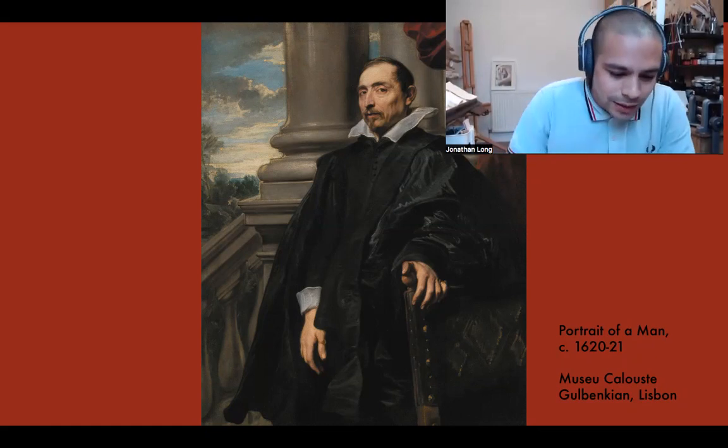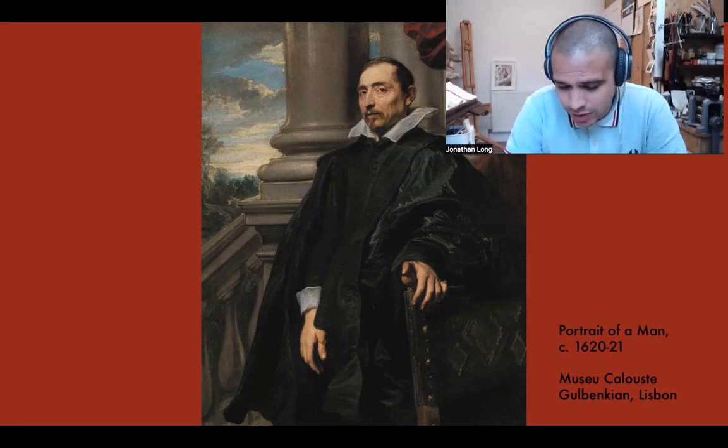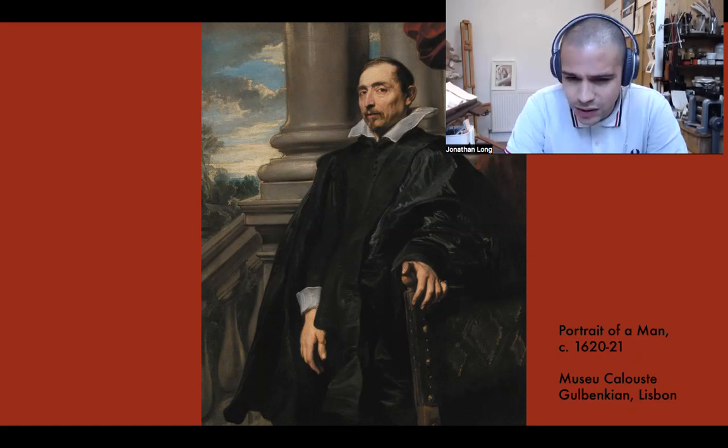So with this painting, we don't know, probably a merchant class from Antwerp. But this was painted, as you can see in the bottom right, where I've written the dates, between 1620 and 1621, or thereabouts. We don't know who this man is, possibly a member of the merchant class of Antwerp, or is he an Englishman?